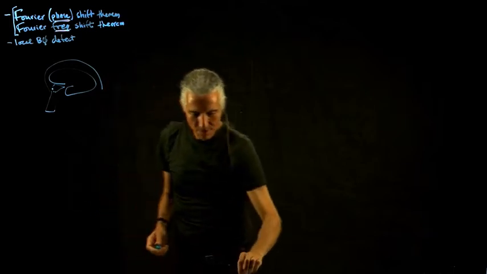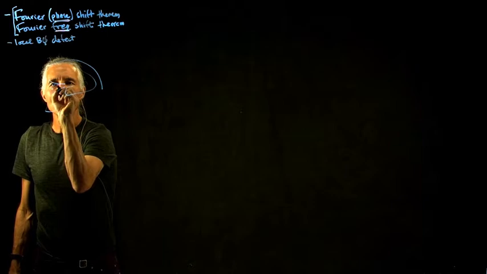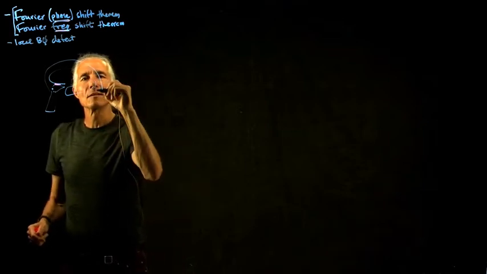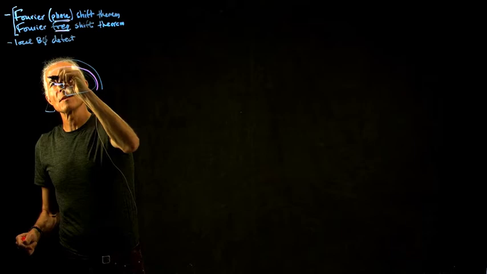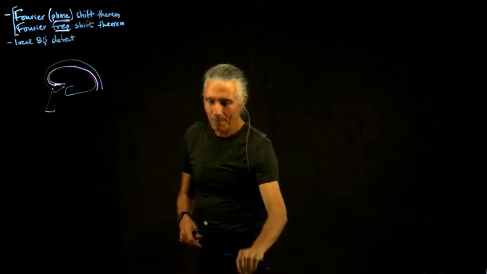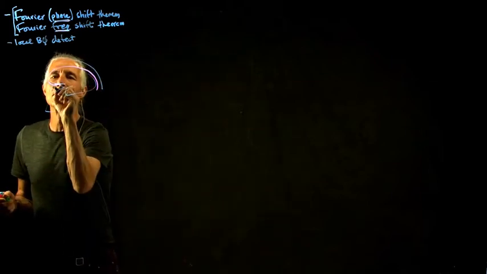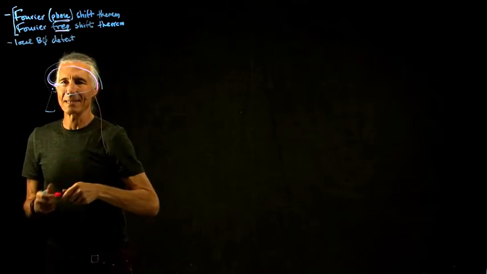The olfactory bulbs come off right here. That's inside the skull. So here I'll draw the skull. The skull comes around. That's inside the skull. But right below it, there's a little thin part of the skull called the cribriform plate.